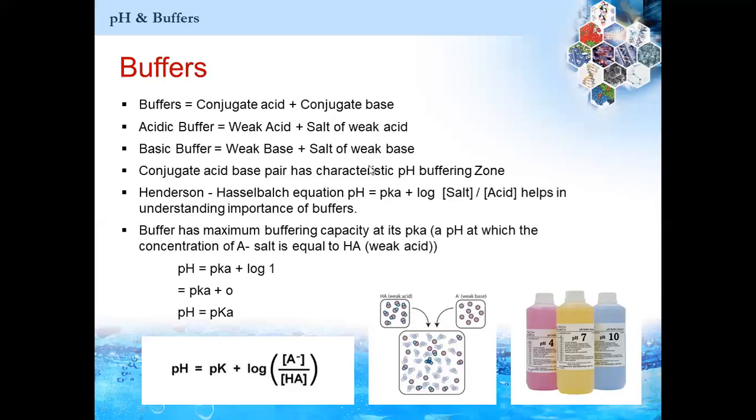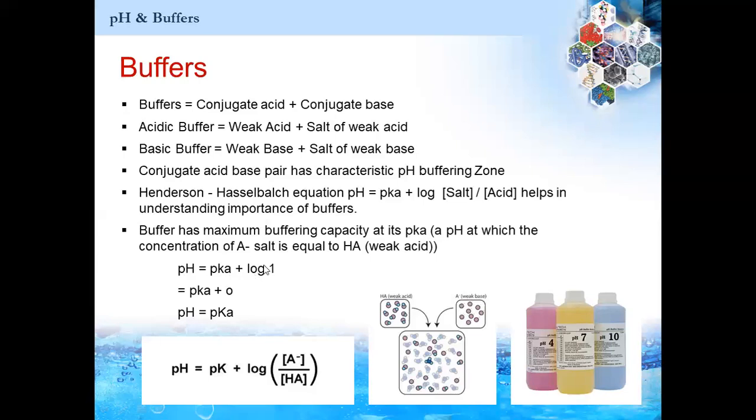And in this equation, if we see that the concentration of salt equals the concentration of the acid used in making the buffer, then the equation changes to this form: pH becomes equal to pKa plus log of 1.